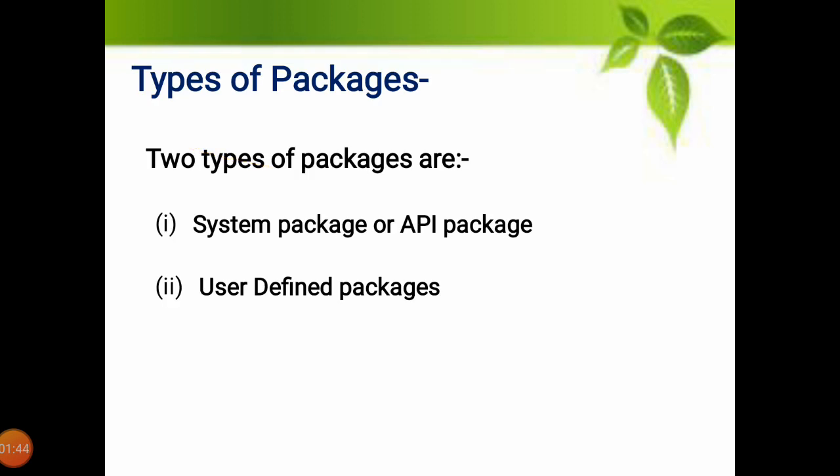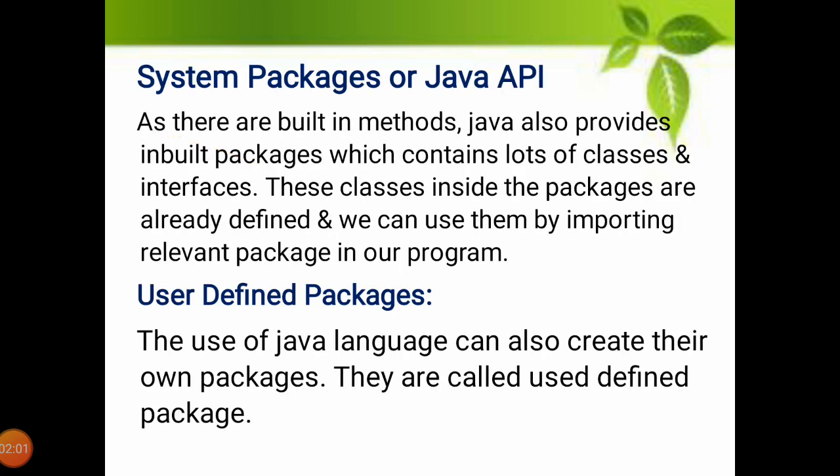Types of package. There are basically only two types of Java package. The first one is system package or API packages, and the second one is called user defined packages.